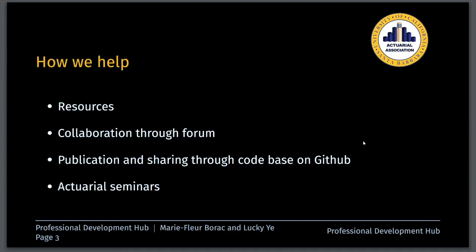We are also building up a code base on GitHub. We encourage all Actuarial Association members to participate. This is essentially a space where you can publish code that you have generated for various school projects.